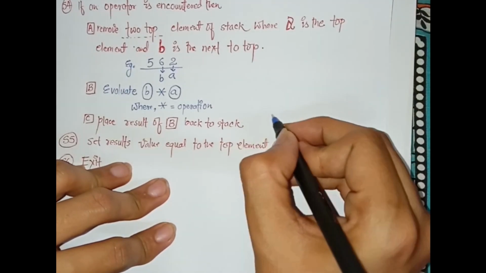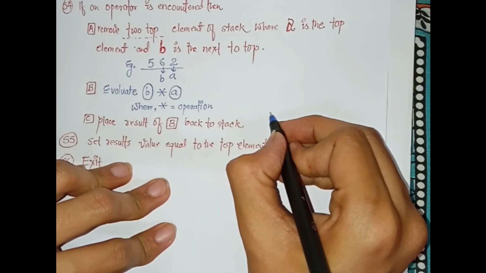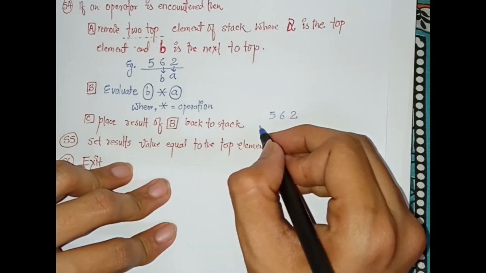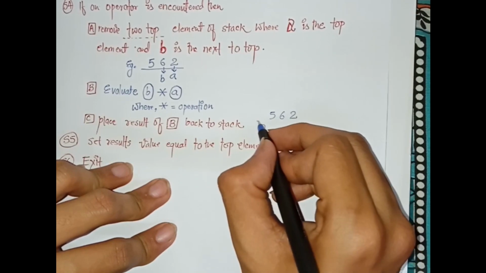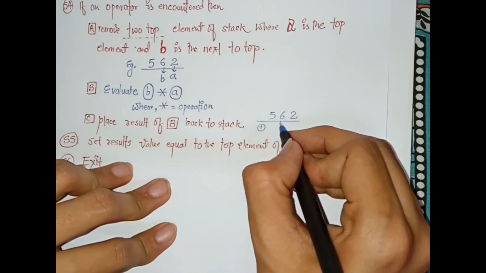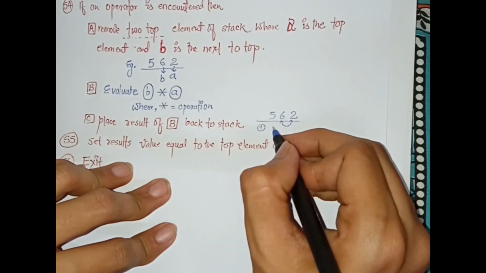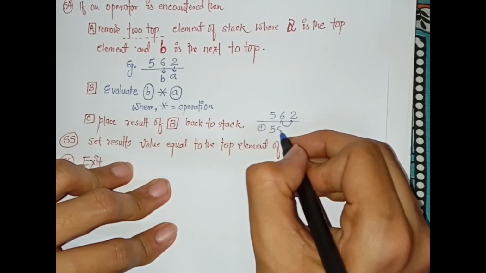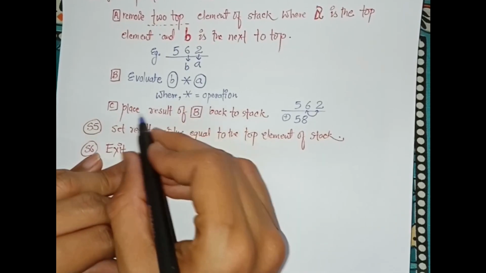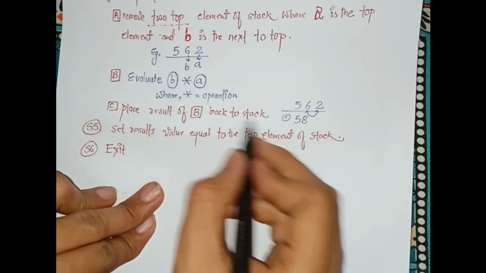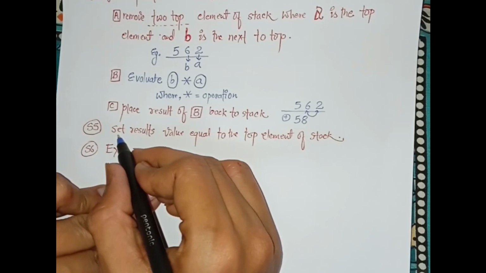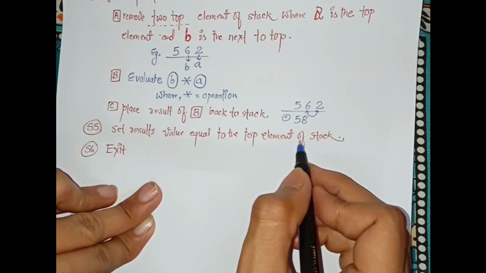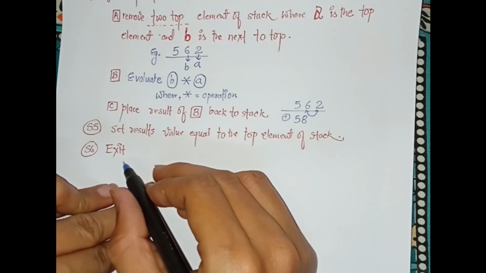Suppose in the stack there is written 5, 6, 2, and you get a plus operation after these elements. Then you have to add these two elements and put the result just after this element, like this. So place the result of B back to the stack. This is how we are going to do it. And at last, set the result's value equal to the top element of the stack, and then exit.